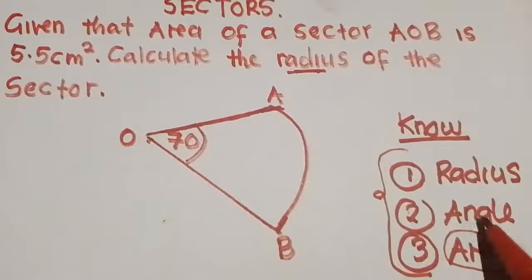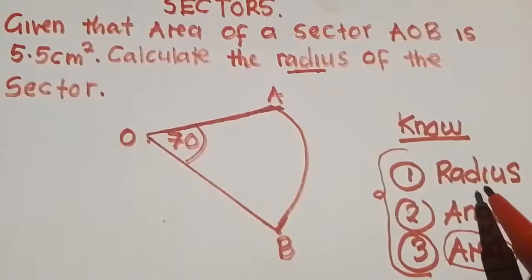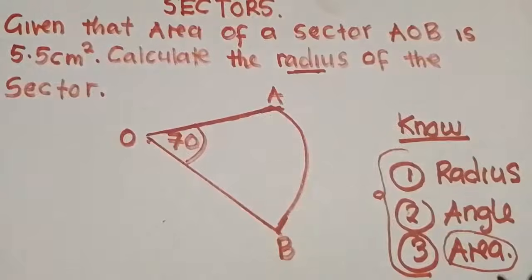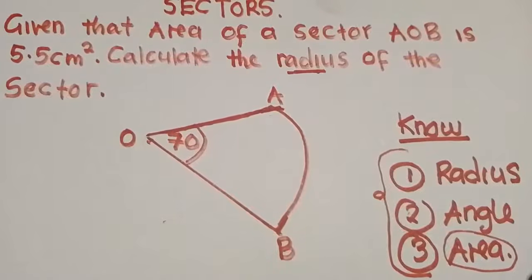There is also the angle. We can use the area of a sector to calculate the angle, and when you are given the necessary things, we can calculate the radius. So what you need to know is only one thing, the area of a sector. What is the area of a sector?